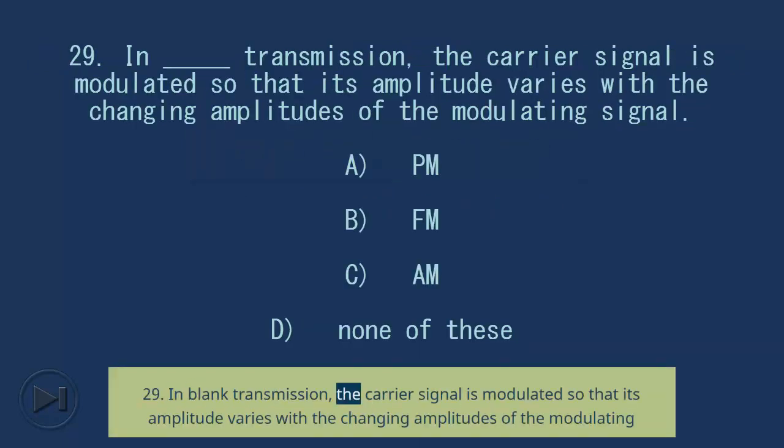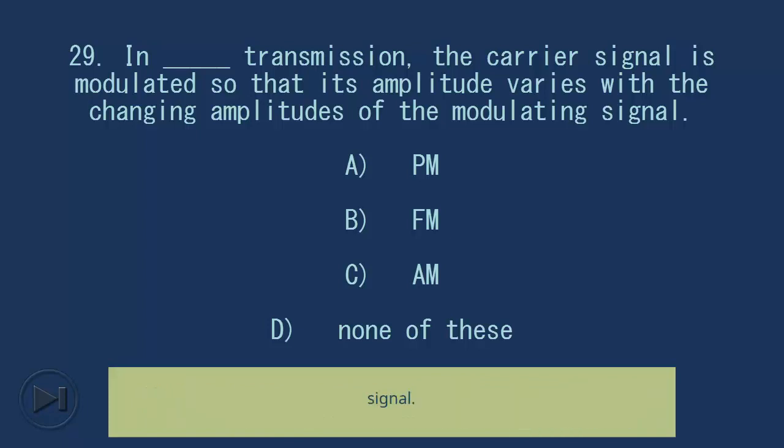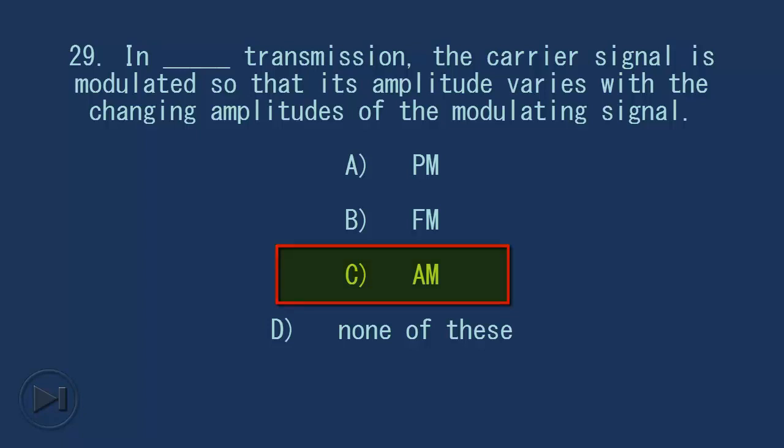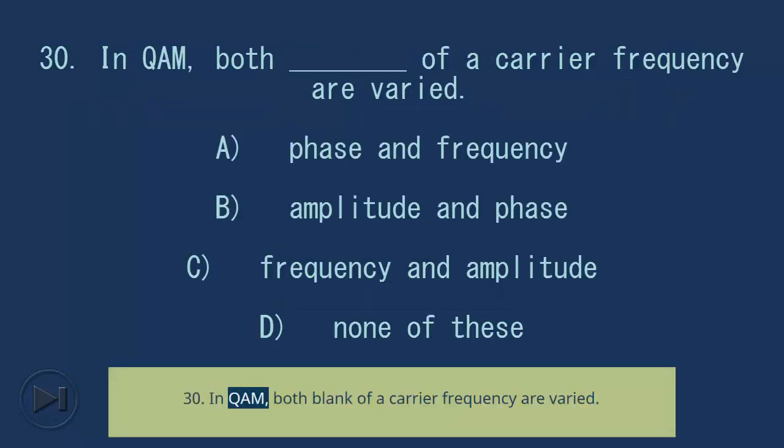29. In blank transmission, the carrier signal is modulated so that its amplitude varies with the changing amplitudes of the modulating signal. A. PM. B. FM. C. AM. D. None of these. Answer, C. AM. 30. In QAM, both blank of a carrier frequency are varied. A. Phase and frequency.